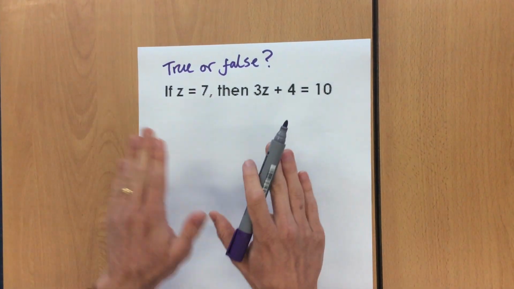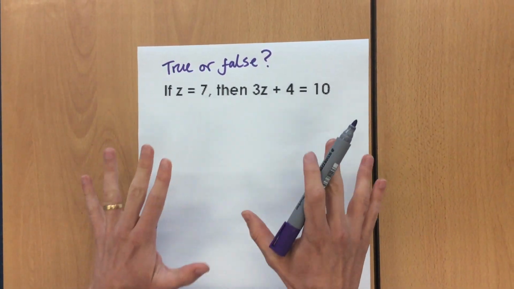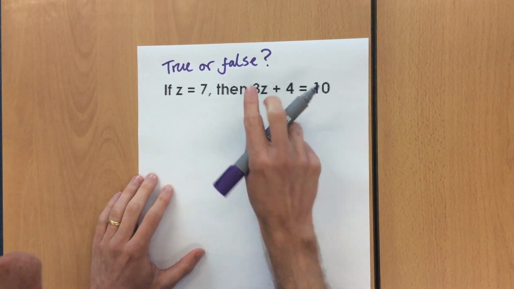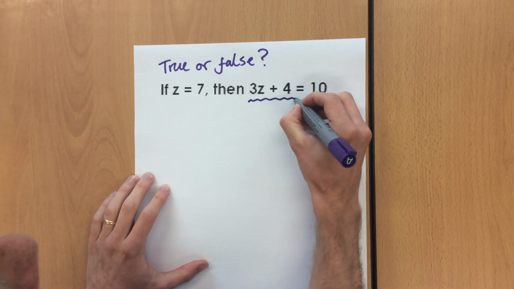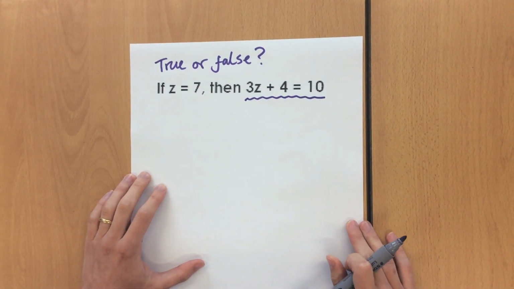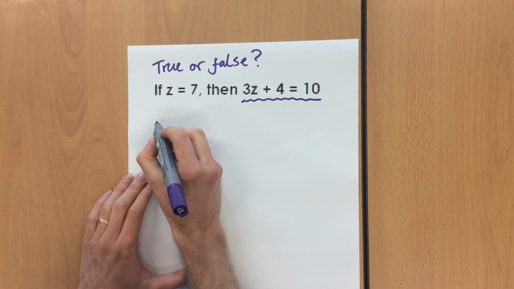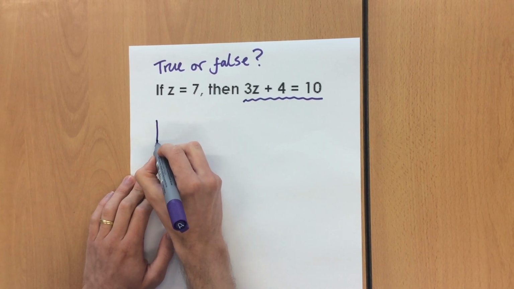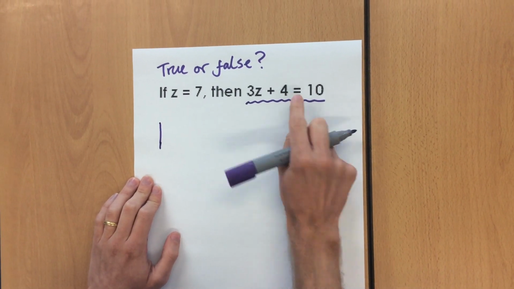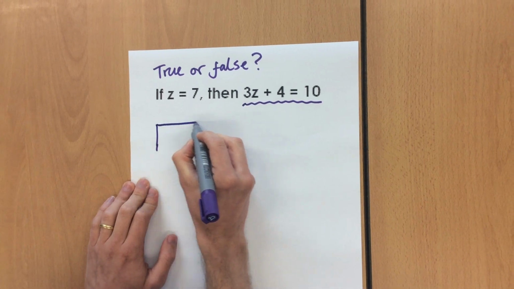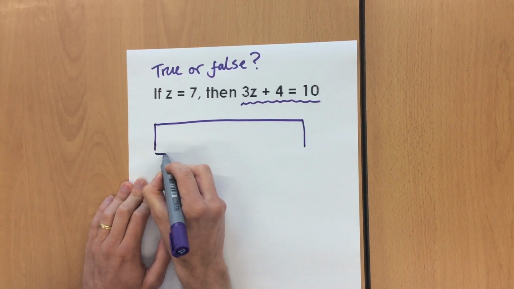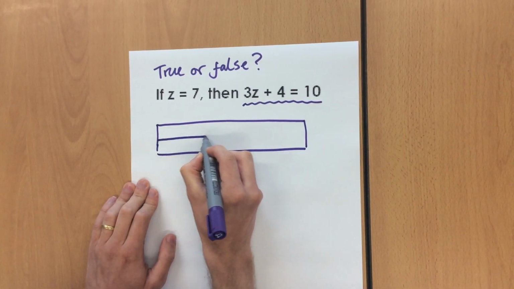The first step to investigate these types of questions is to draw this algebraic formula out. I'm going to draw it as a bar, and we know it's an algebraic formula because I've got an equal sign in there. I'll split the bar in half.